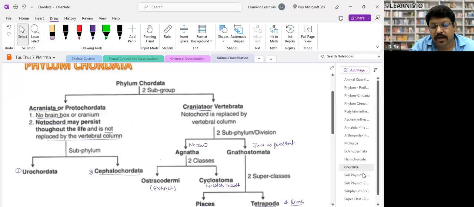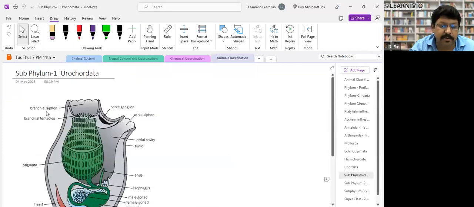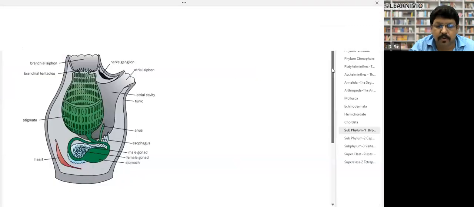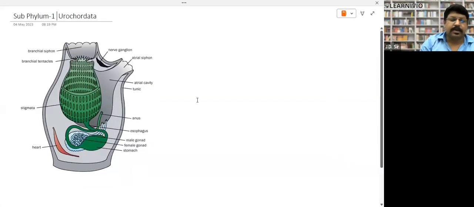In Urochordata, the member is Herdmania. So first, subphylum Urochordata. This is the diagram of Herdmania. There is a branchial siphon, the siphon or structure from where it breathes, right?